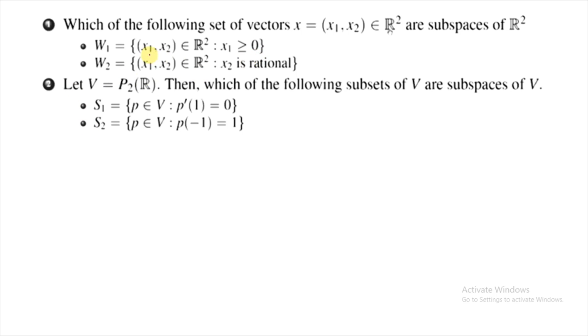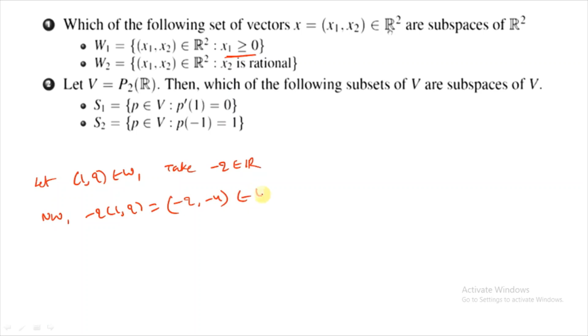Suppose you take x1, x2 belongs to R2. It's a subspace means it satisfies vector addition and scalar multiplication. Suppose I'm taking the first one. Suppose I take 1 comma 2 belongs to W1. I'm taking this as a vector in R2. Now observe this condition. Suppose minus 2 belongs to the field. Now minus 2 into 1 comma 2 gives minus 2, minus 4.